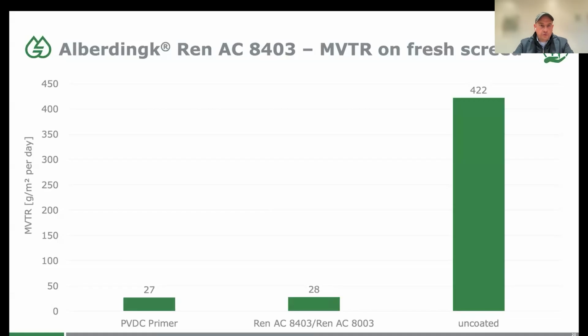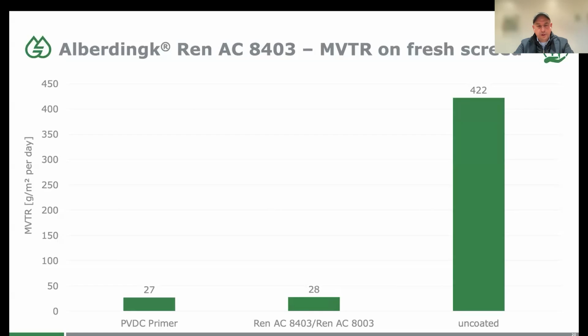But if you coat it with the current gold standard in moisture vapor transmission rate suppression, the PVDC, which contains halogens, which has a low pH, which is a pain to formulate, you get an MVTR of 27, which is pretty low.